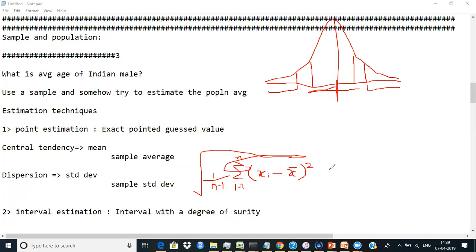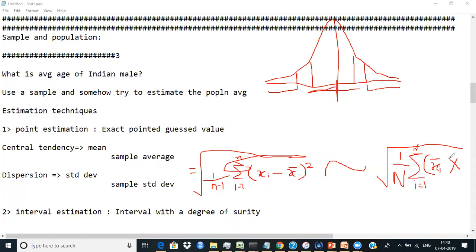So xi, x bar, these are all on the sample. Everything is on the sample. This is known as the sample standard deviation. This converges towards the population standard deviation. What is the population standard deviation? 1 by capital N. Population number is usually represented in capital. 1 by capital N multiplied by the summation of i equal to 1 to capital N of xi minus capital X bar.